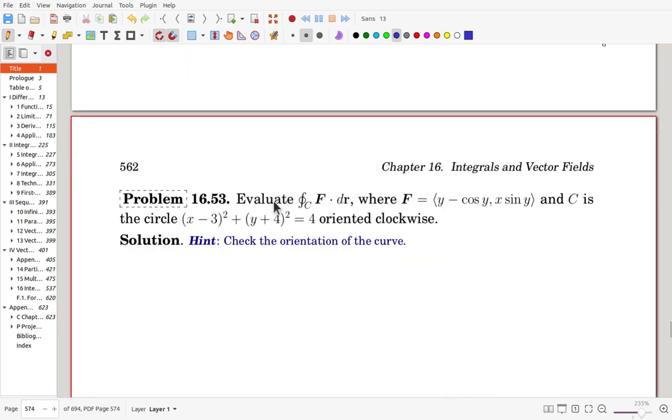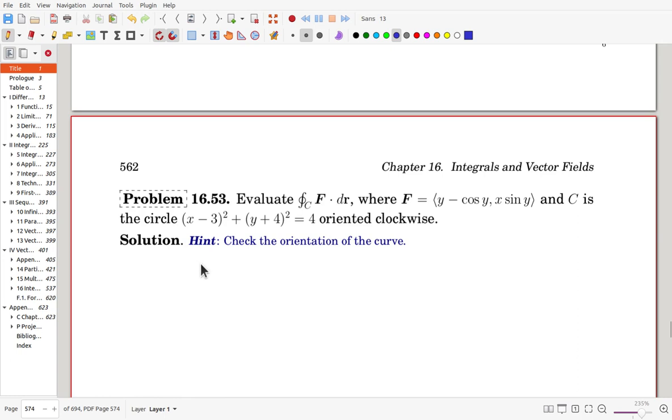Evaluate the integral over the closed curve, where f is defined in this way and C is the circle oriented clockwise. So it is negatively oriented.